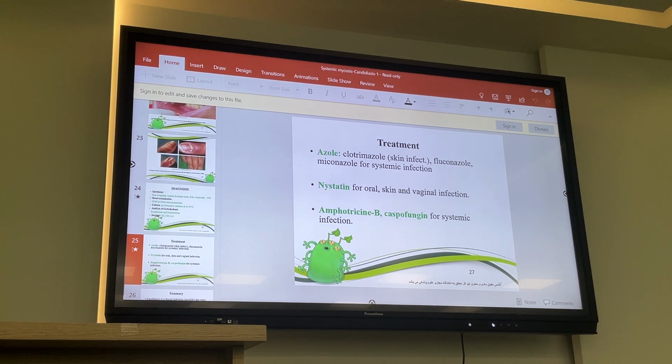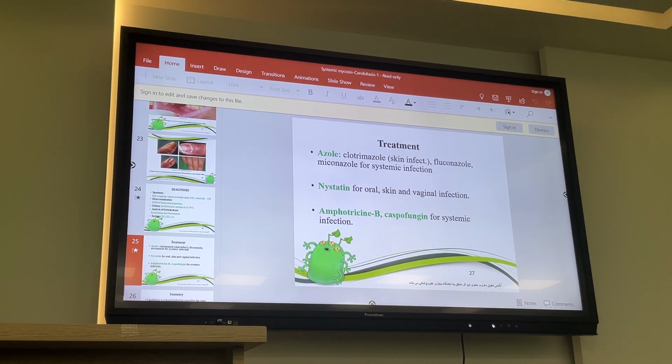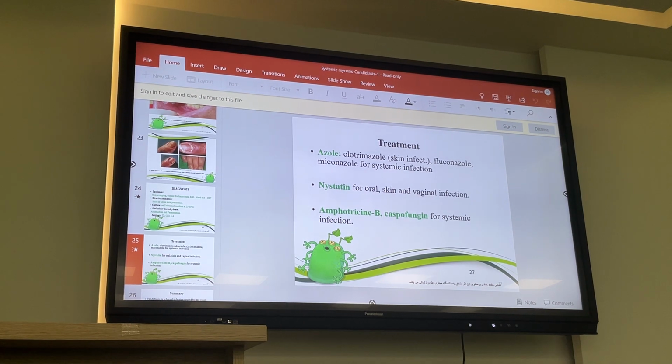Based on the location of infection, you must decide on treatment. What does based on location mean?